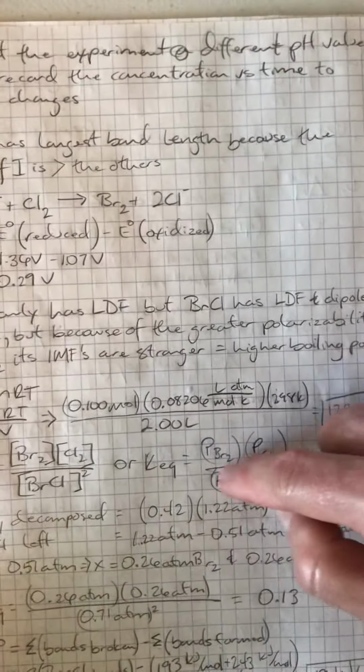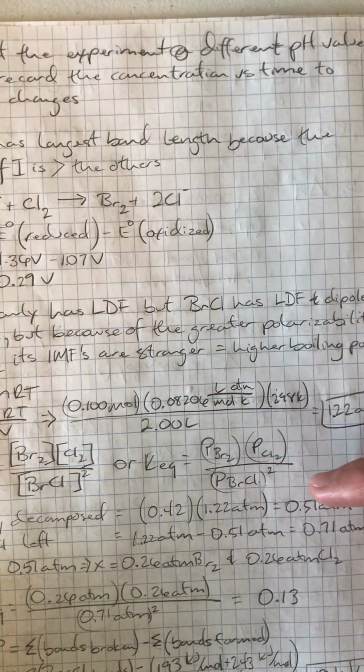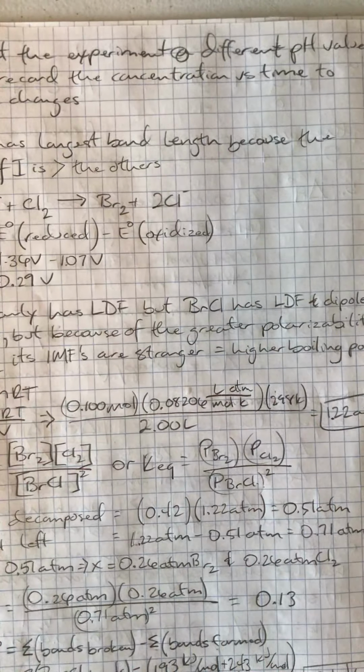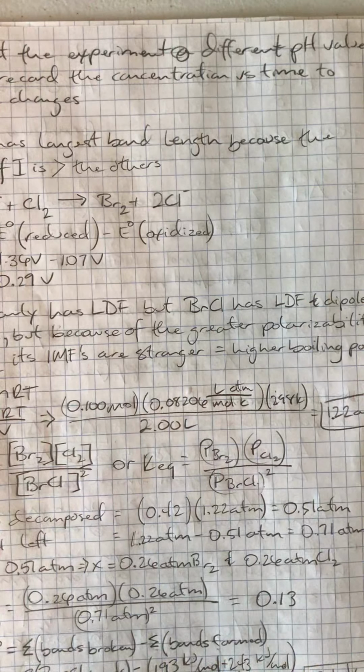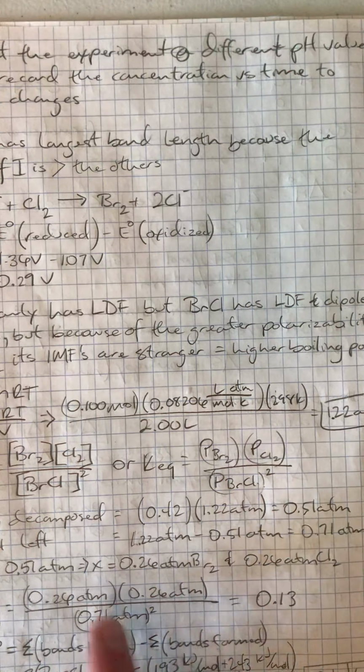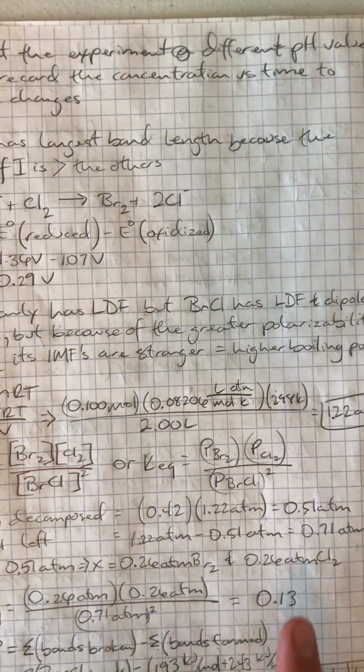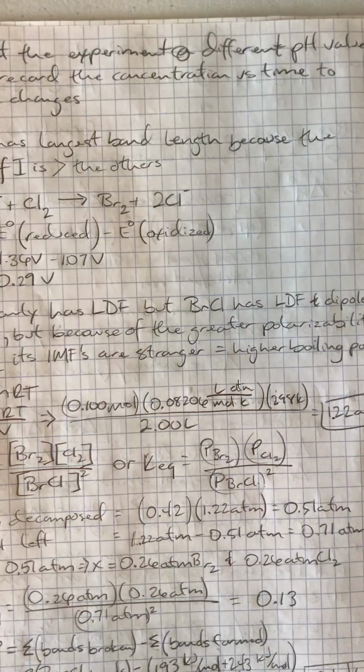And then using this or this, you notice that the pressure of bromine, or the pressure of chlorine, is 2 times X because they're basically the same. So you rearrange the formula and you find out that the pressure of bromine is 0.26 and of chlorine is 0.26. You substitute back in the values and you get your Keq is 0.13.